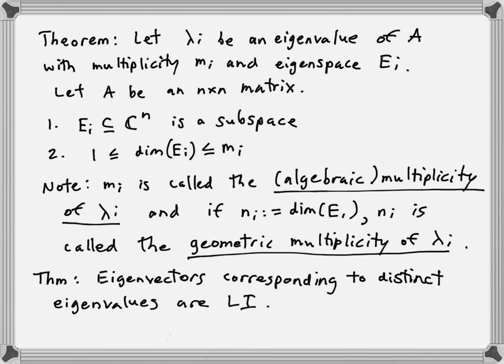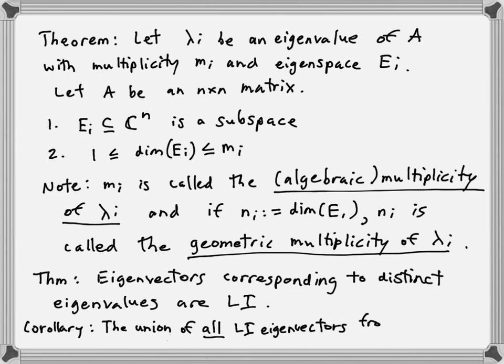So let's go to a corollary of this. Corollary: the union of all linearly independent eigenvectors from every eigenspace is linearly independent.